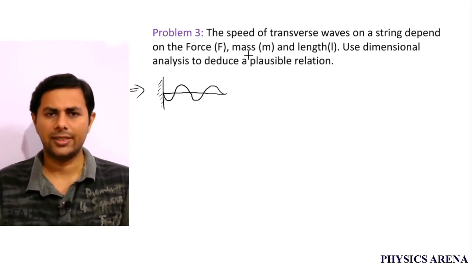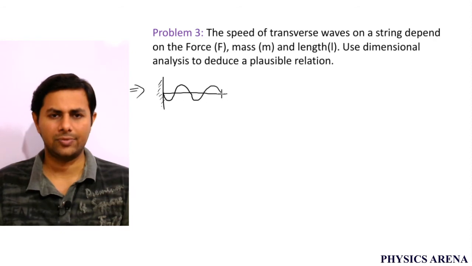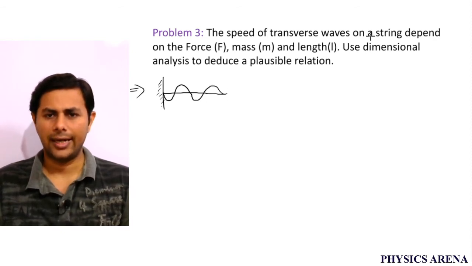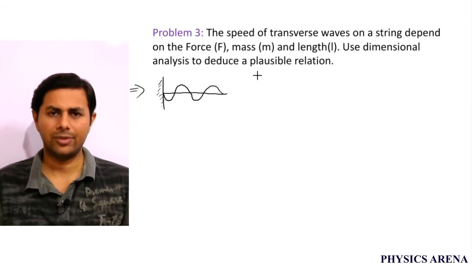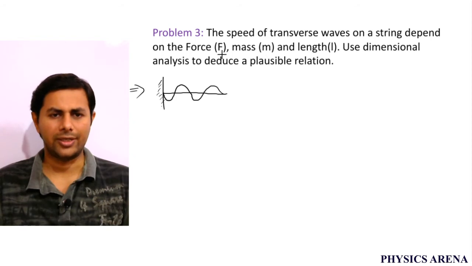So the question says the speed of these transverse waves on a string depends on the force F, the force acting on the string, mass m and length L, the length of the string. And we have to find the possible relation between the speed of these waves and these quantities: force, mass and length.